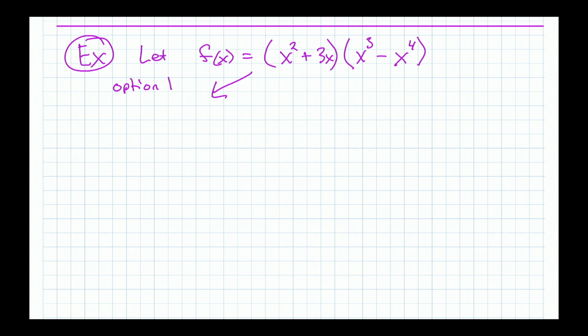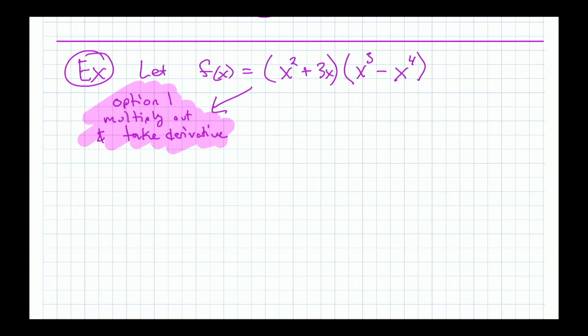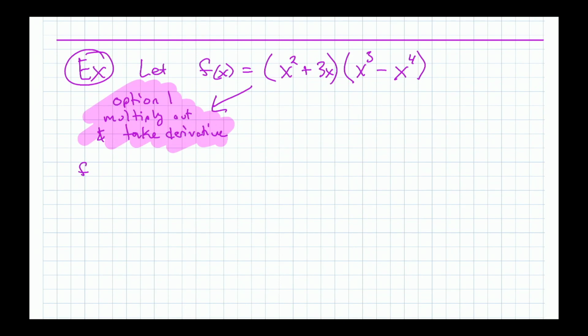is going to be multiply it out and take the derivative. That's what you would have to do if you were in the previous section. So here's what that would look like. So we want to do this. How would we do it? Well, we could FOIL that. F of x is going to be, right, the x squared times the x cubed is x to the fifth.